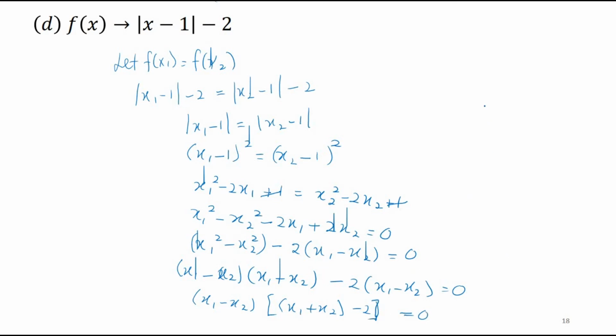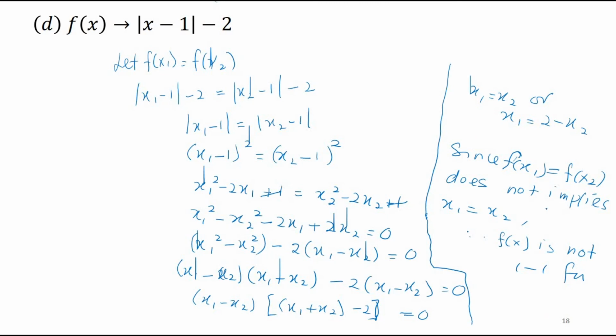From here you will get x1 is equal to x2, or you can have x1 is equal to 2 minus x2. Since f(x1) equal to f(x2) does not imply x1 equal to x2, therefore f(x) is not a one-to-one function.